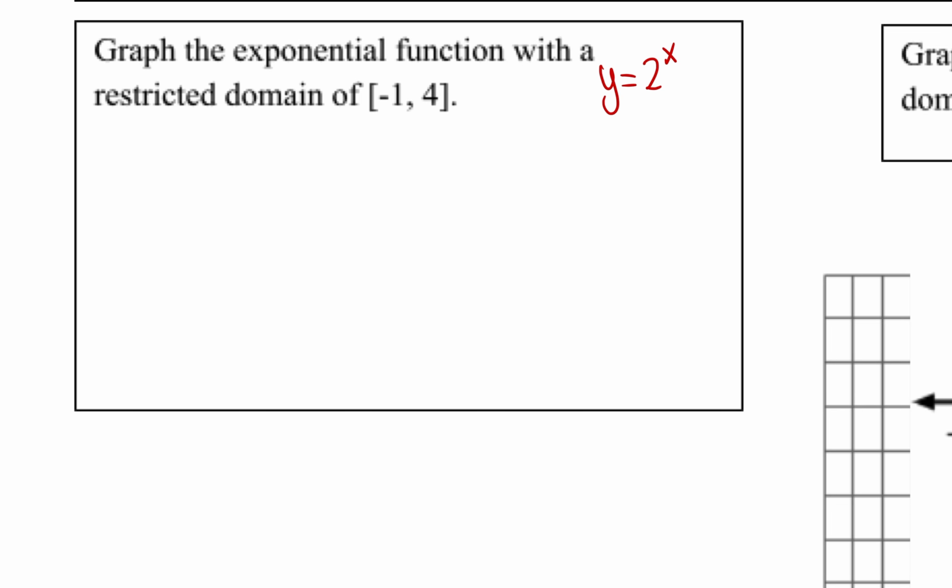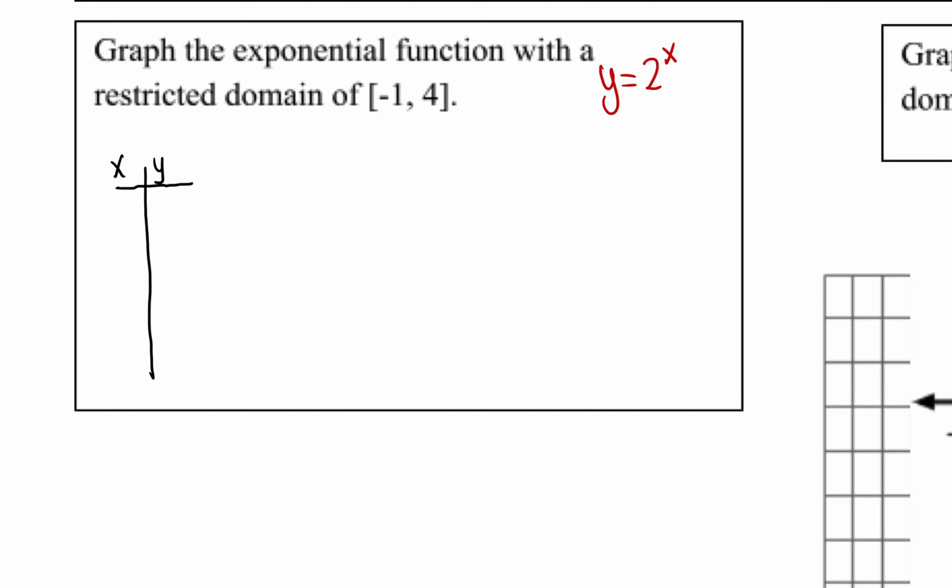Now, for this one, when you graph it on Desmos, and since I do not have the coordinate grid, I'm not going to be able to do it here, but we're going to get something that looks like this for the table of values. Keep in mind that the restricted domain are the x values. So I have to go from x equals -1, x equals 0, 1, 2, and 3, and 4, okay?